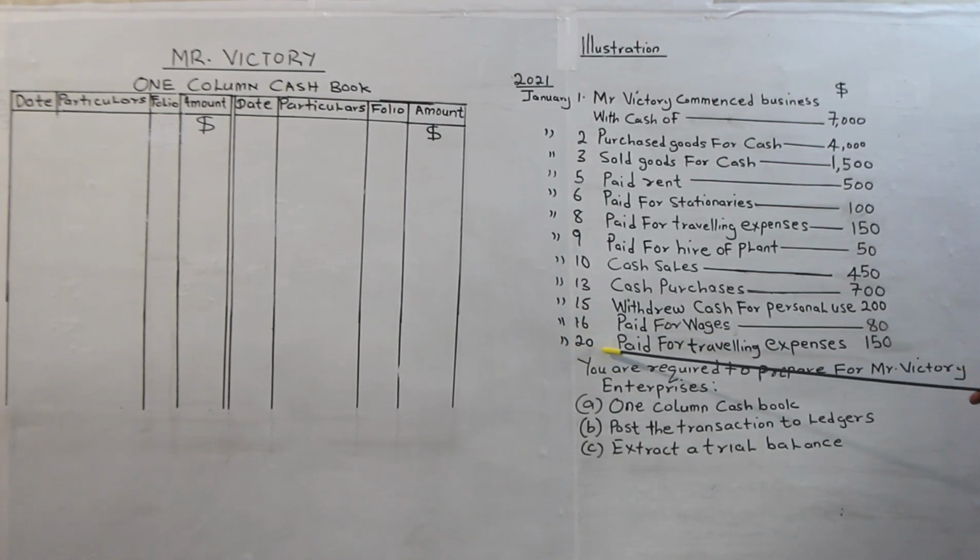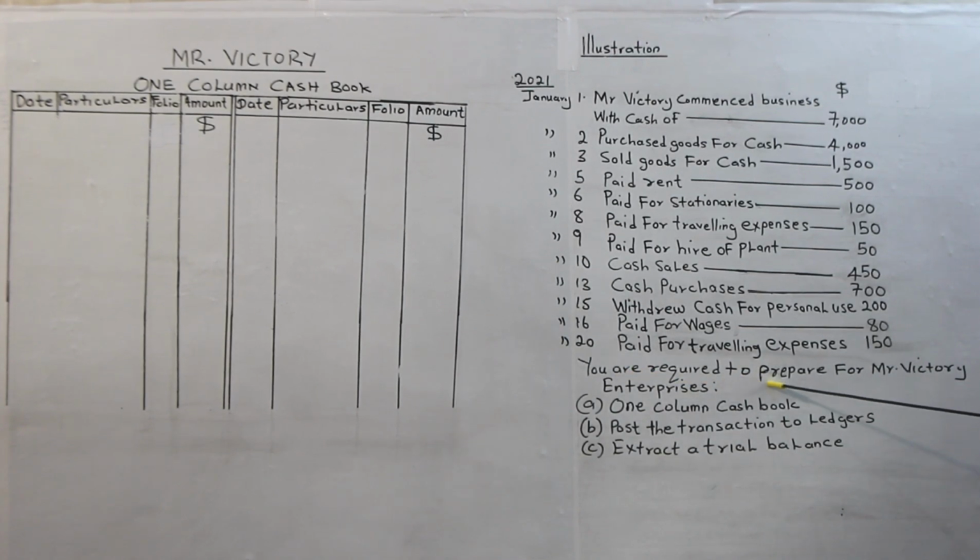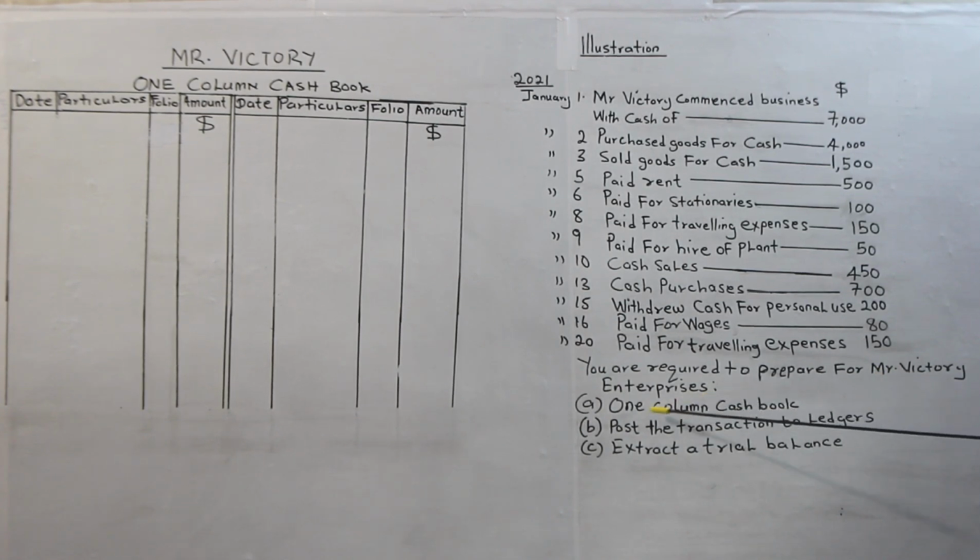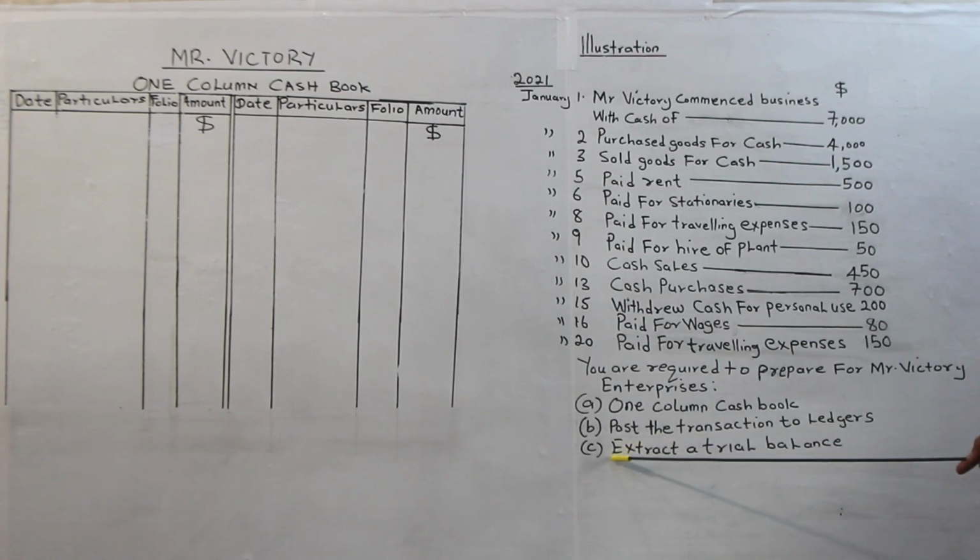January 20th, paid for traveling expenses $150. You are required to prepare for Mr. Victory Enterprises: A. 1 column cash book. B. Post transactions to ledgers. C. Extract a trial balance.